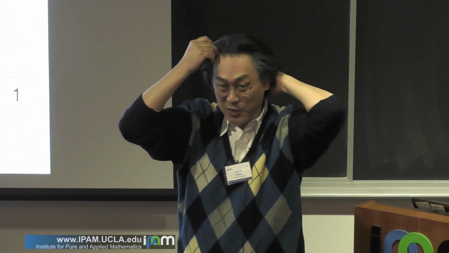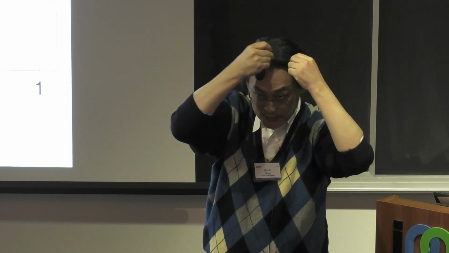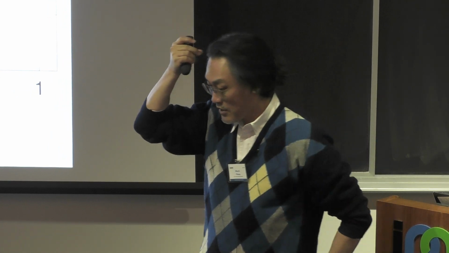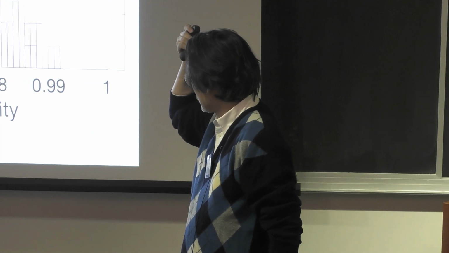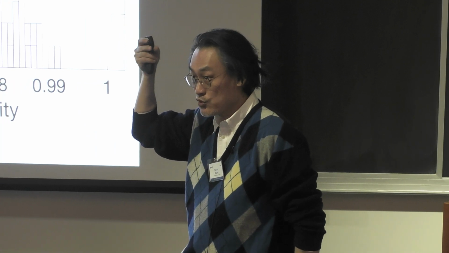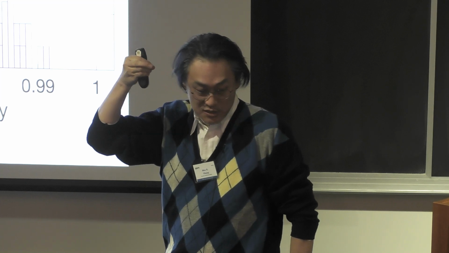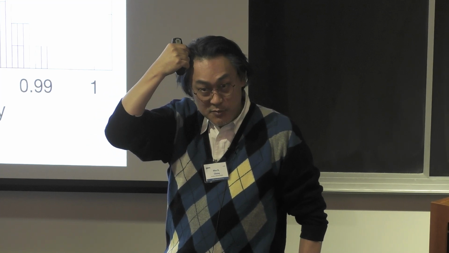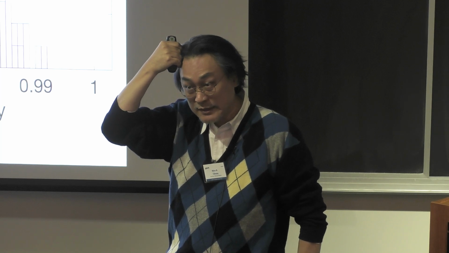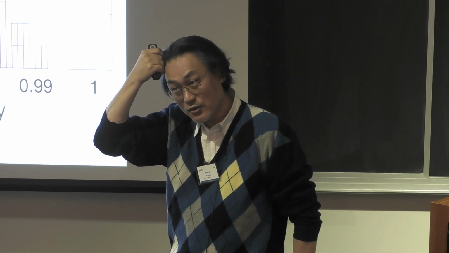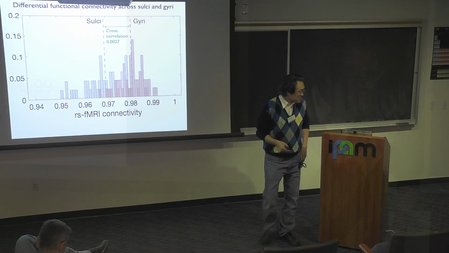EEG spatial resolution is very low. Would it be like 2 centimeters? I don't think you can put this EEG node within 2 millimeters. Can you? I have no idea.